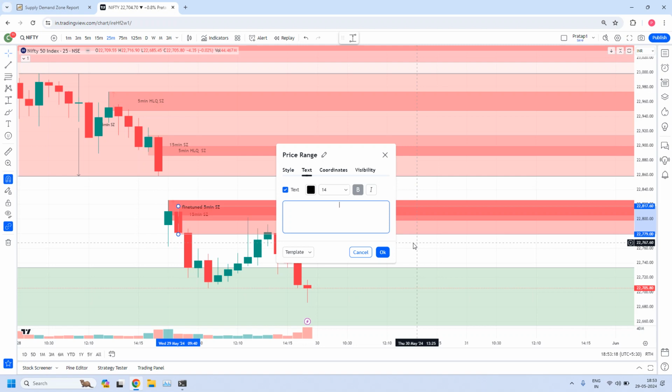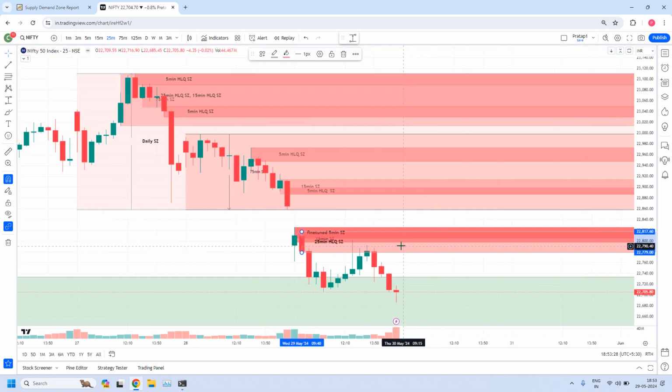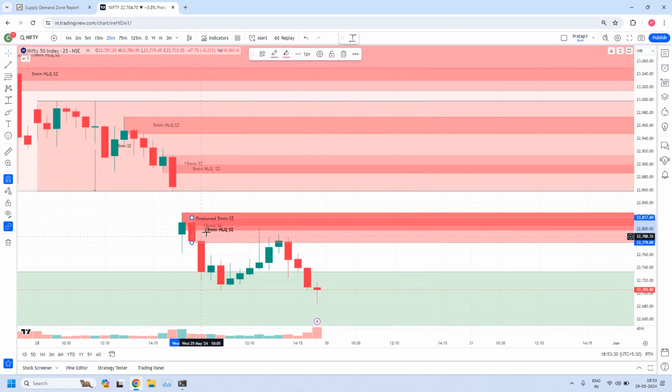This is the 25 minutes HLQ supply zone. Today we got a couple of trades from this zone. But we considered the 15 minutes supply zone. But the main reason for the success is this.